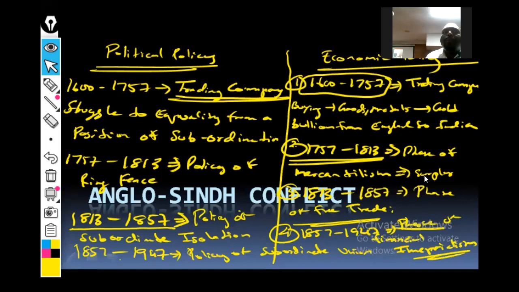So how Britishers started to bring financial institutions, banks, insurance companies, எல்லாம் கொண்டு வந்தாங்க.